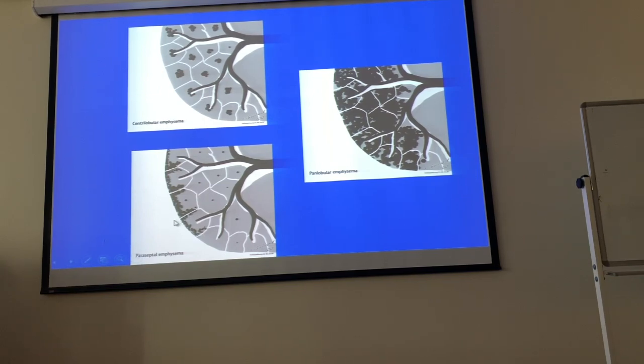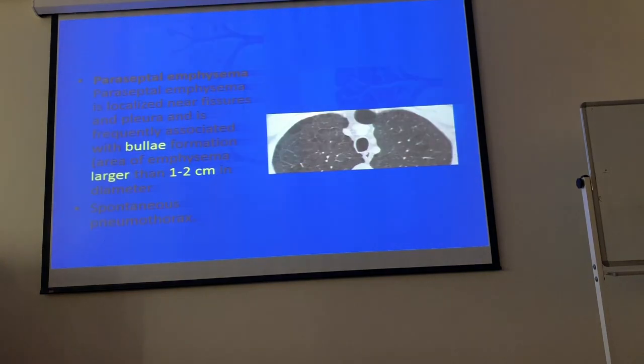And paraseptal, you see it is along the pleural line, which is along the septum. This you will see not on chest X-ray but on CT scan, and also on HRCT, high resolution.